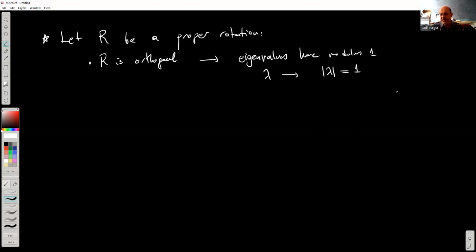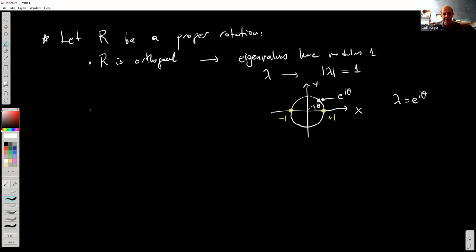Let me draw this as the unit circle on the complex plane: the eigenvalue is somewhere on that unit circle. If that angle is theta, that number is equal to e to the i theta. In general, the eigenvalues have that form. There are two special numbers, which are real, +1 and -1. So these are two possibilities.